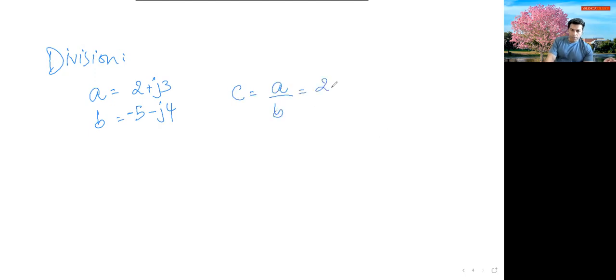In other words, what is 2 plus j3 over negative 5 minus j4? Okay, the easiest way to do it is to multiply both numerator and denominator first by the complex conjugate of the denominator. What is complex conjugate?